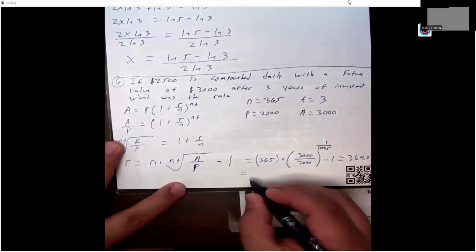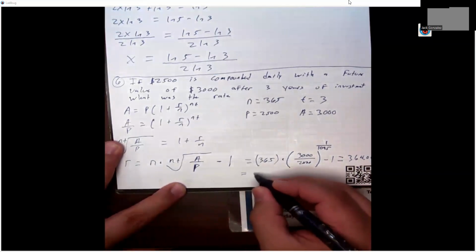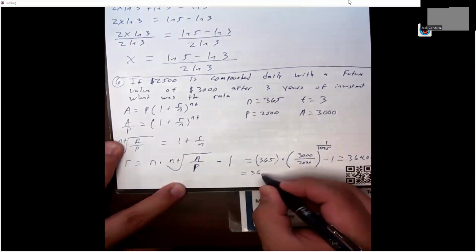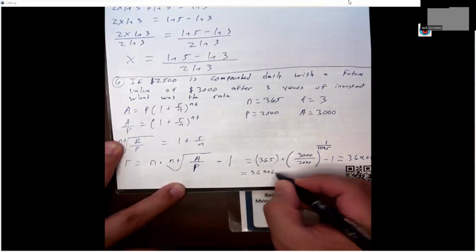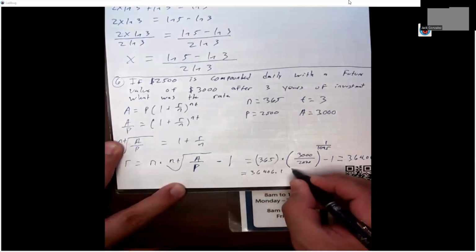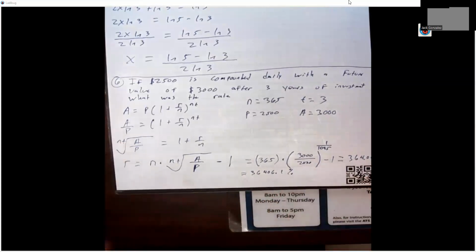As a percentage, that would be ridiculous. Yeah, it's a ridiculous rate, right? The bank messed up and they're trying to close your account at that point. Nope, that's fine. You screwed up.